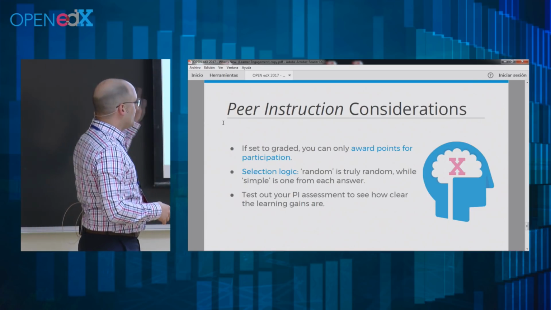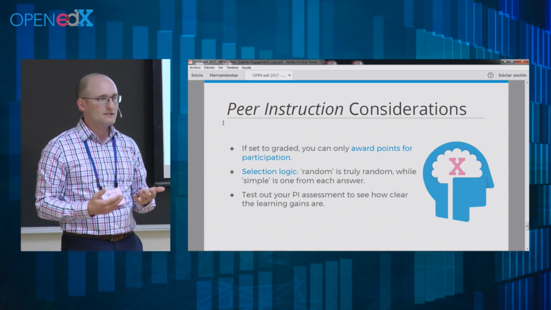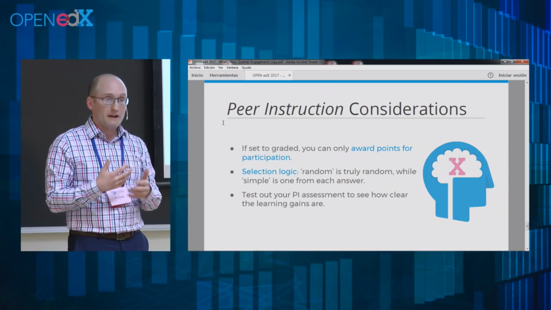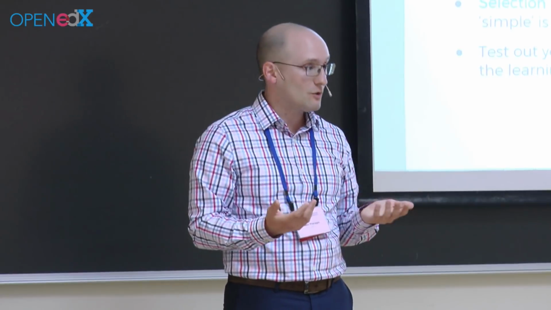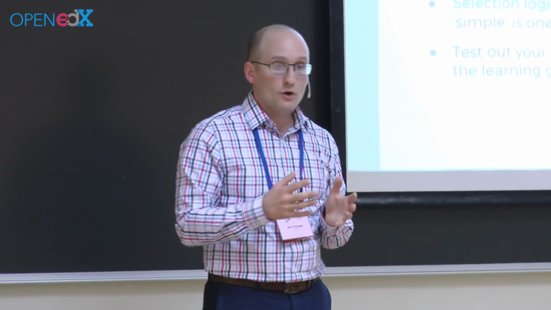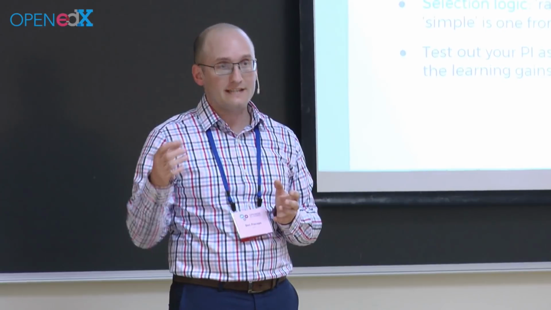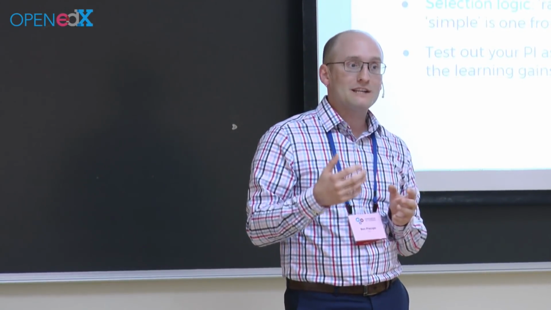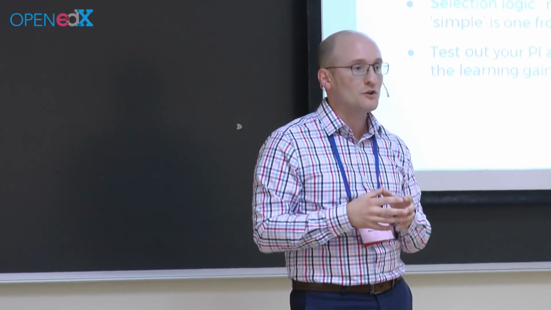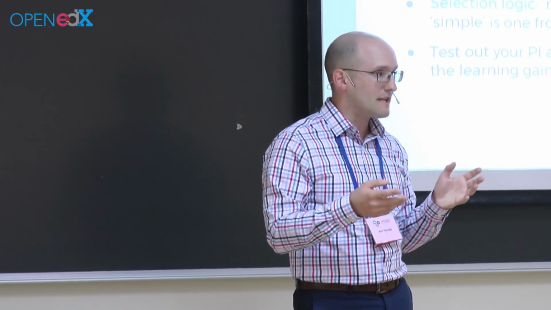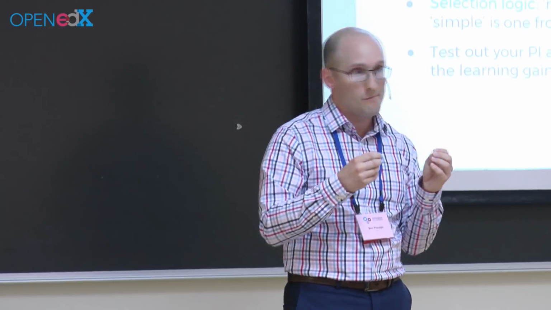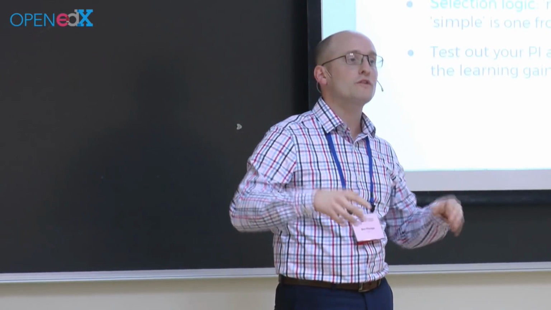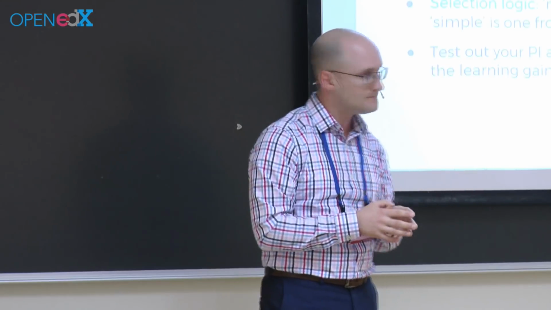Make sure to test it out and see how clear your learning gains are. As with any assessment, it really should be a fair and honest and clear question, right? And as always, you can use the insight tools within Studio to take a look and see which of your assessments in your course learners have gotten more often correct or heavily incorrect, and it's worth taking another look at those assessments.